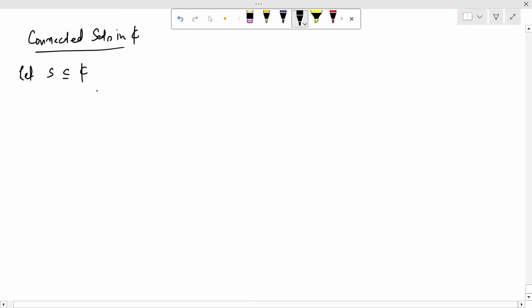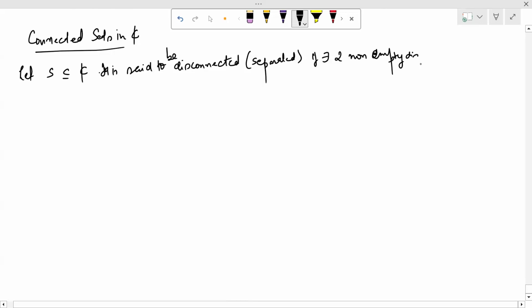Okay, it is said to be disconnected or separated if there exist two non-empty disjoint open sets A and B, such that S is contained in A union B, S intersection A is not phi, and S intersection B is also not phi.